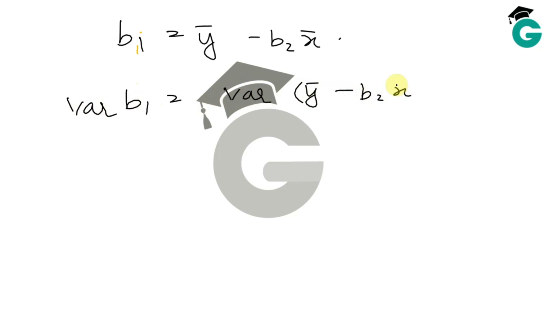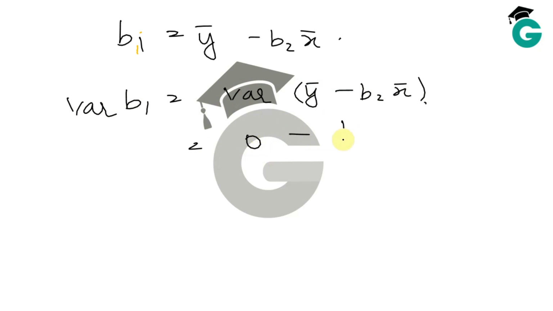B1 is y bar minus B2 x bar. Variance of B1 is going to be equal to variance of y bar minus B2 x bar, which is equal to, well, variance of y bar is nothing but 0, because, like I said, it's data, it's given, it's a constant.